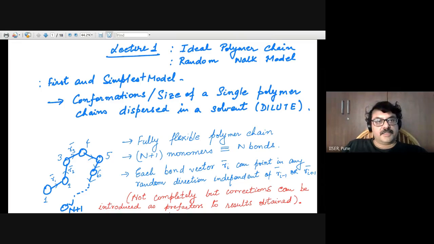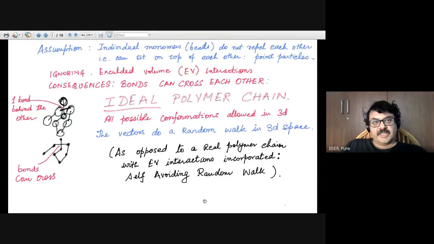Right? So in this, there is another inherent assumption. It basically assumes that individual monomers, so these spheres, you call them individual monomers or beads if you like, because as we shall discuss later, this could also be effective monomers.